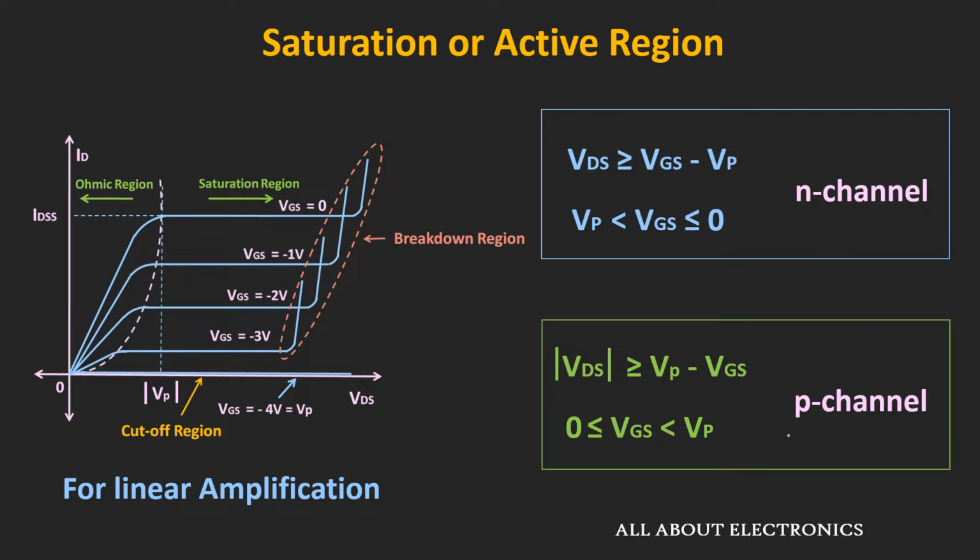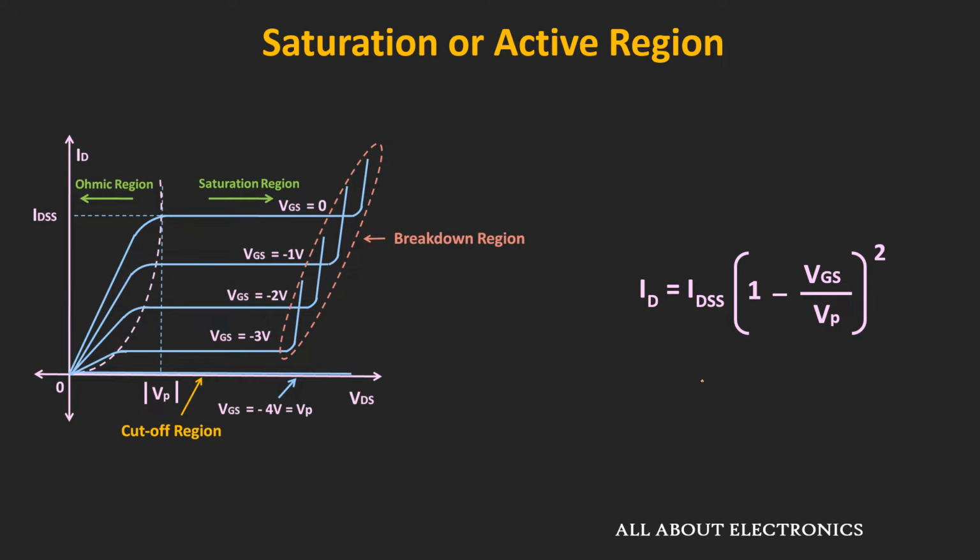And similarly for the P-channel JFET, the magnitude of the voltage VDS should be greater than or equal to VP minus VGS. Once this condition is satisfied, the JFET will operate in the saturation region. And in this saturation region, the drain current ID can be given by this expression.